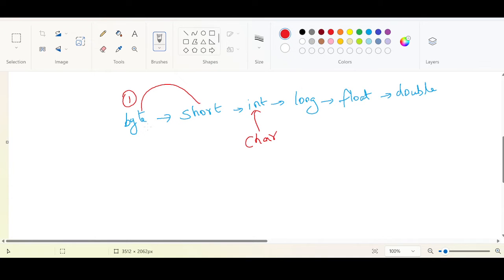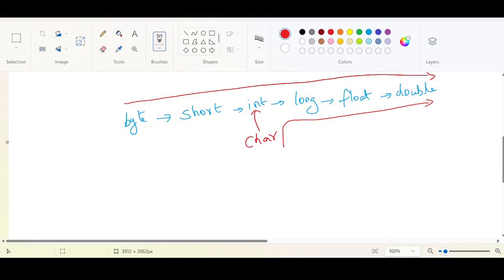So in other words, when I talk about typecasting from lower to higher, just remember this line. This path is possible and this path is possible. There is no such path like this or like this. Character cannot be converted back to short or byte. Byte can be converted to short, but short cannot be converted to character. This path is not there, so forget about this path.